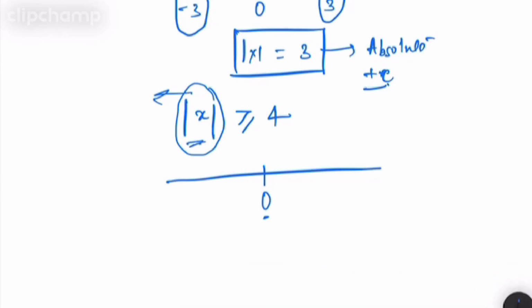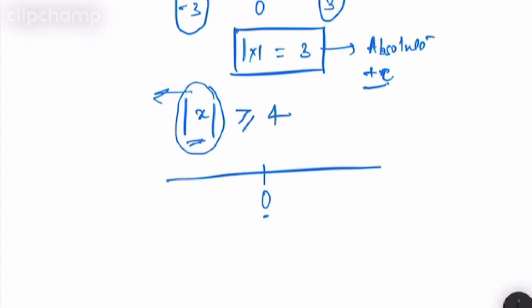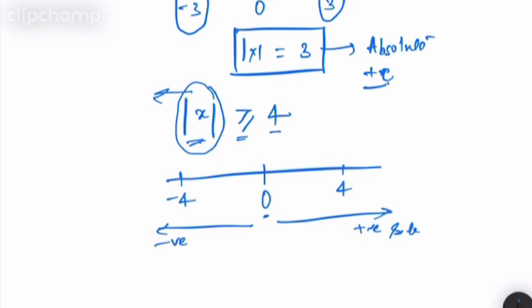So when we say mod of x is greater than or equal to 4, we will first mark number 4 on the positive side and number 4 on the negative side of the number line. So this is our positive side and this is our negative side. When we say mod of x is greater than or equal to 4, what are we actually saying?